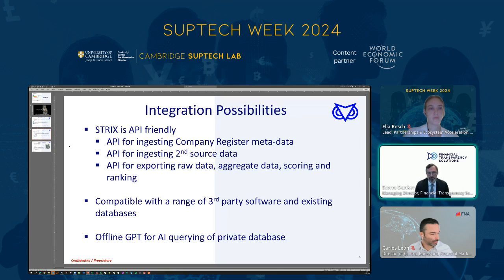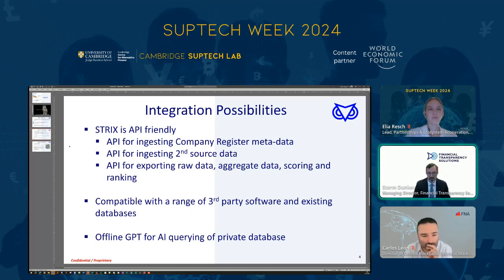So we've designed Strix to be drop-in. It is standalone, but it's entirely integratable. It's API friendly, so we have an API for ingesting company register metadata, so entities and their points of contact for receiving the surveys. We have APIs for ingesting second source data that can be prudential, it could be web scraping, it could be any kind of second source data, uploaded into Strix at whatever frequency is desired.